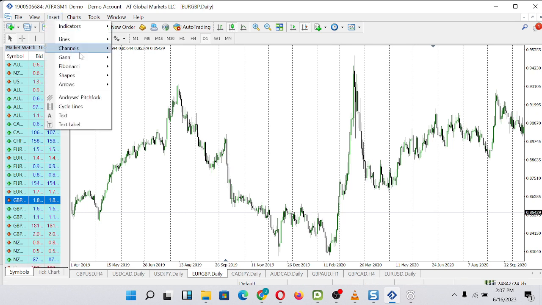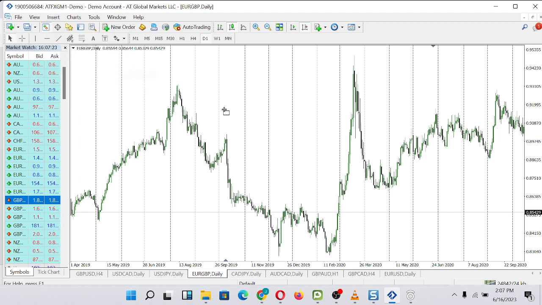So let's see. Took out liquidity, right? Took out this high, took out this high, upward, okay?